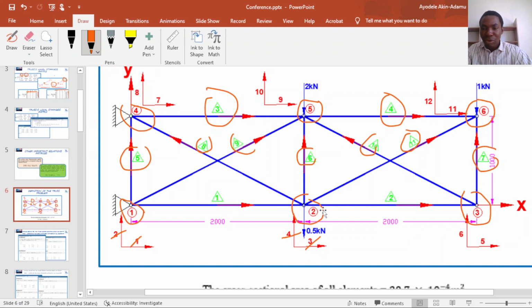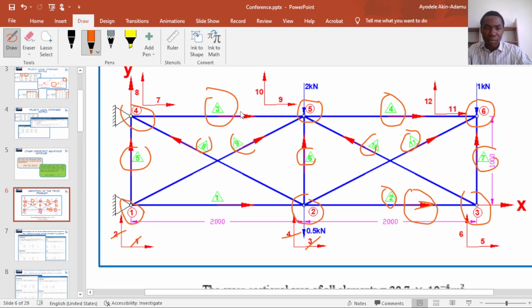For element 2, we have this arrow definition pointing from node 2 to node 3. I can decide to change the orientation of the arrow to the other direction, but I chose this direction. It depends on you. You can choose any direction. So I'm using this direction for my element 2.